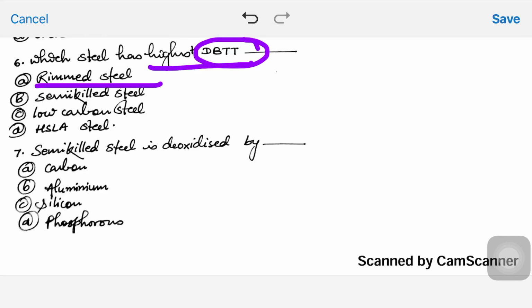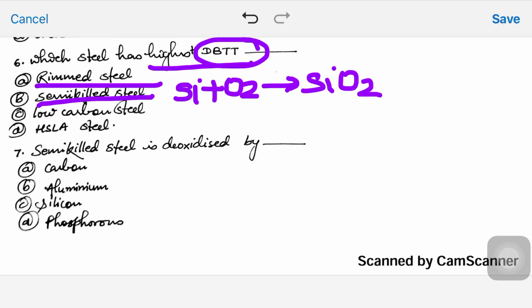Now see, semi-killed steel has similarly low oxygen content, because in semi-killed steel we use silicon to deoxidize, to remove the oxygen from the steel. So semi-killed steel has generally low oxygen content and its DBTT is lower. Low carbon steel, of course, has low DBTT.